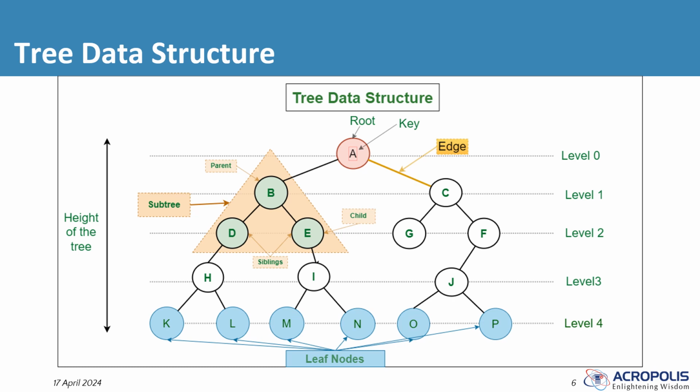So this is the example of tree data structure. The tree data structure looks like this. A is the root node, key, or a vertex. It is the main.